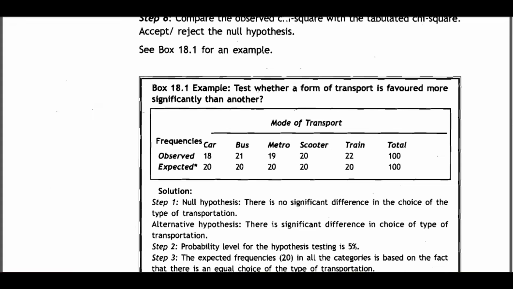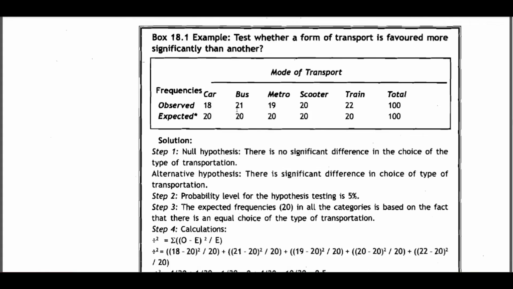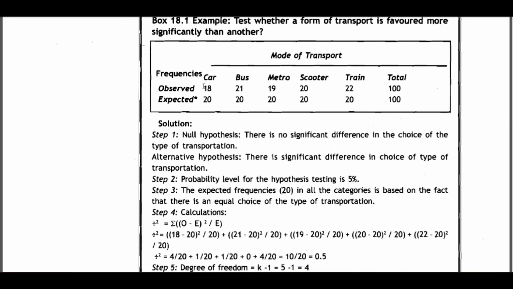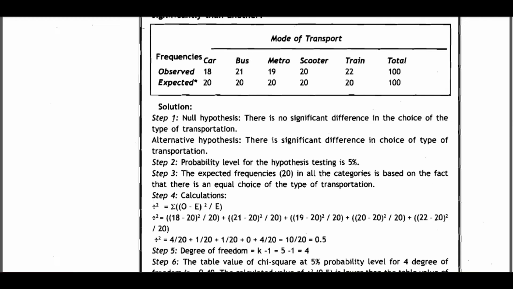Box 18.1 examples test whether a form of transport is favored more significantly than another. Mode of transport frequencies, observed and expected: car, bus, metro, scooter, train, and total. Observed is 18 and expected is 20. Solution: null hypothesis, there is no significant difference in the choice of type of transport.